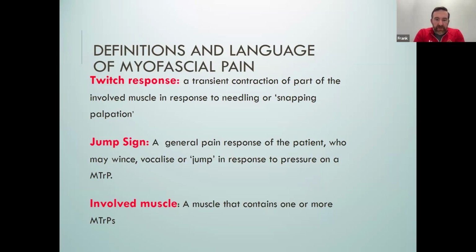And then an involved muscle is just the muscle that contains one or more trigger points. And again, you have the idea of key muscles versus secondary muscles. Certainly extensor carpi radialis brevis if you're thinking tennis elbow, looking at the upper extremity. If you're looking at lower extremity injuries, you may have a gastroc strain, but the soleus may be involved. You may have hamstrings, peroneals, anything along in there.